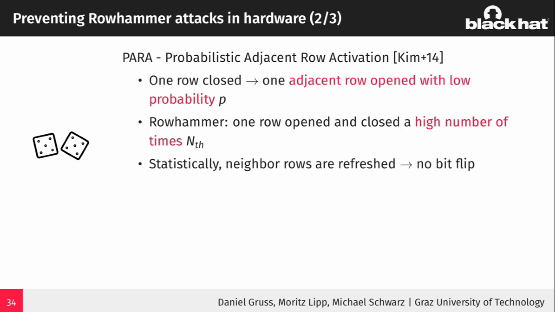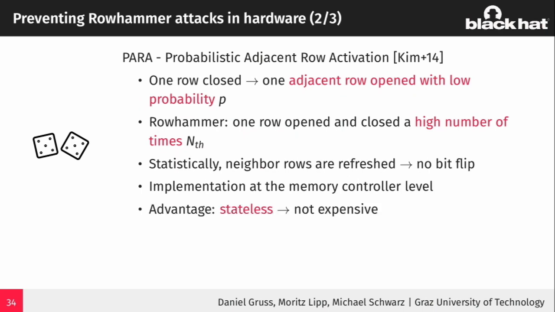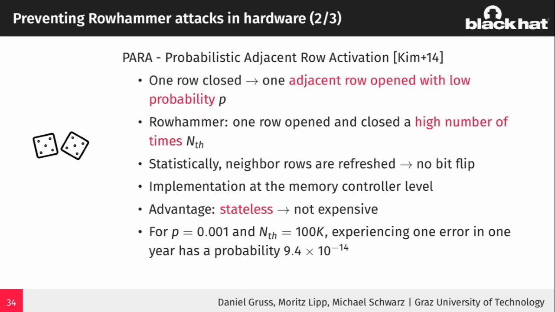So if we hammer, then we have a lot of row closings, and we refresh the neighboring rows more often. And that should help us to prevent the row hammer effect. This is quite easy to implement in hardware, doesn't have a huge overhead, and can give quite good results, I would say. Okay, but only as long as we can only induce bit flips in adjacent rows, right? If this is not true, then we have a problem.